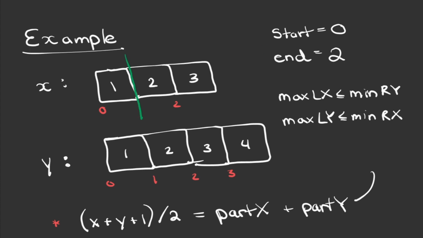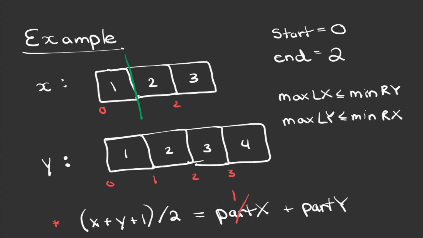Then we can use this formula to create a subsequent partition in the y array based upon the choice of the x array, such that the number of elements in the partitions of x and y on the left side is equal to that on the right side. So since we chose partition x to be 1, we can replace this with 1 and then fill out the formula.